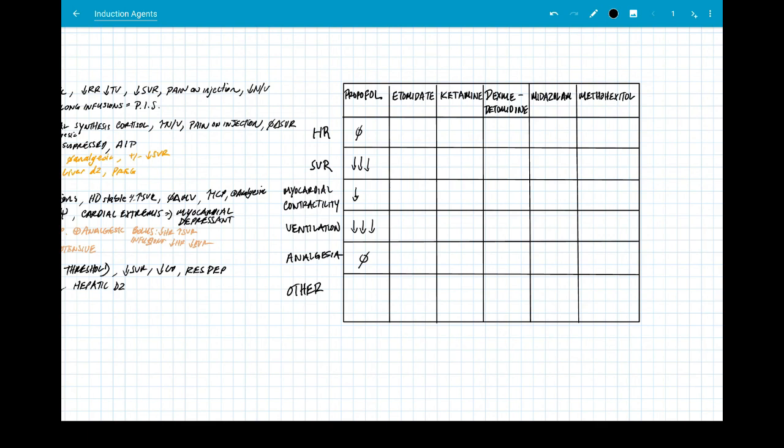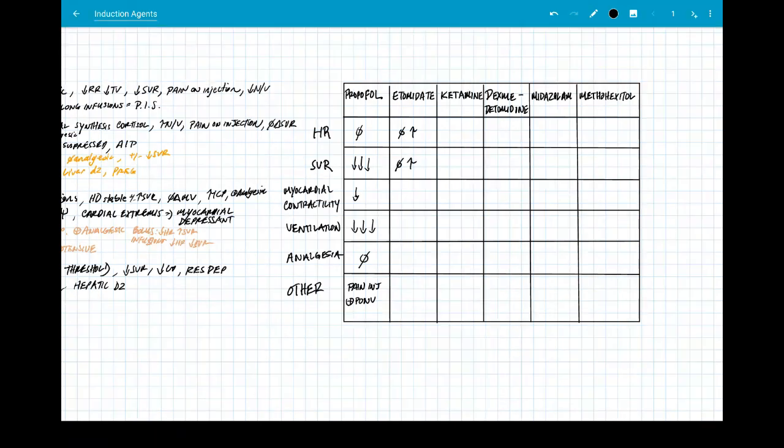Other interesting things with propofol, there is pain on injection, and it helps for PONV. Etomidate. Typically your heart rate is unaffected but may go up. Your SVR is either unaffected or may go up.